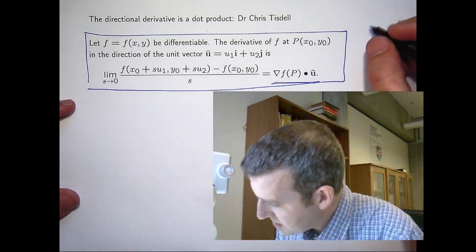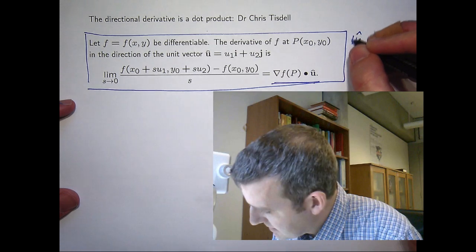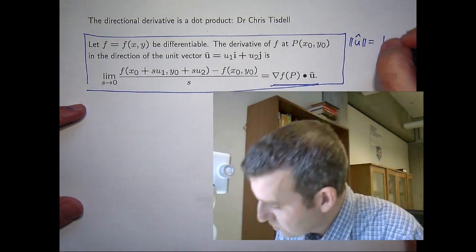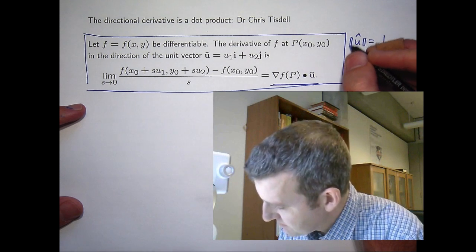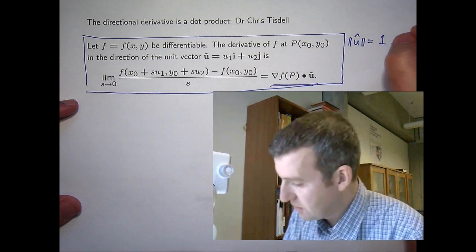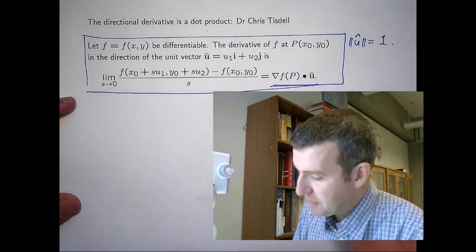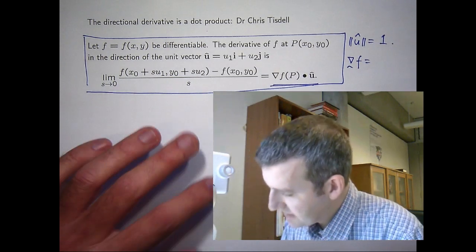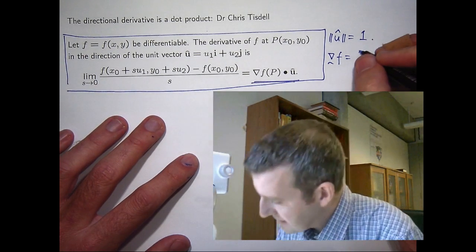By this u hat, I mean a vector of length or magnitude 1. So by these pairs of vertical lines, I mean the magnitude or the length of a vector. Now by this nabla here, I mean the following special vector.